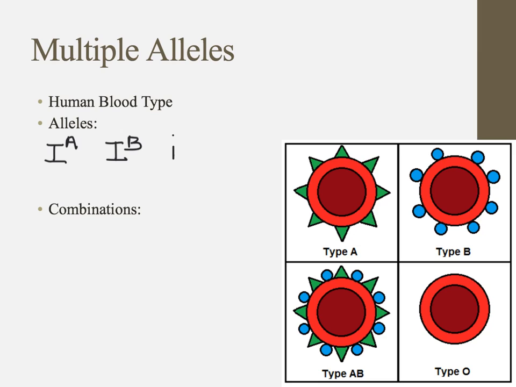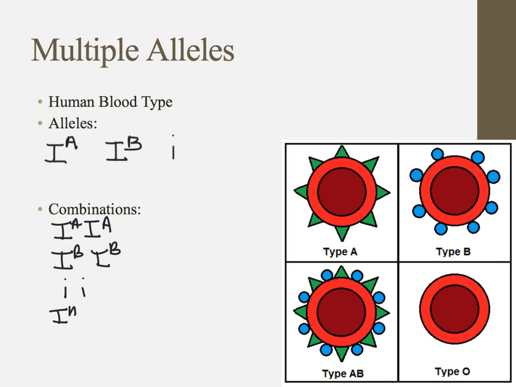So what we want to do is figure out what kind of combinations I can make here. I can obviously do two type A's, so I could have homozygous A. I could have homozygous B. I could have homozygous O. Now I can start mixing and matching these together.